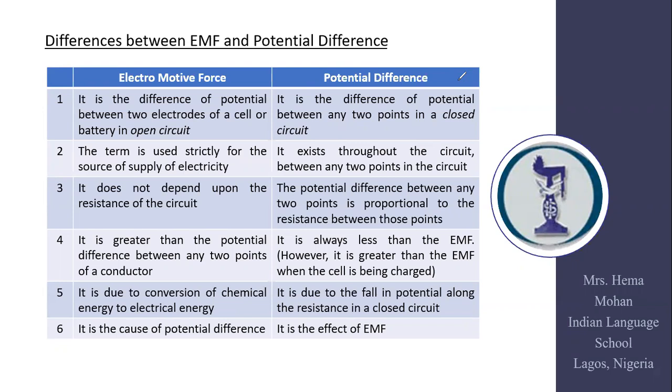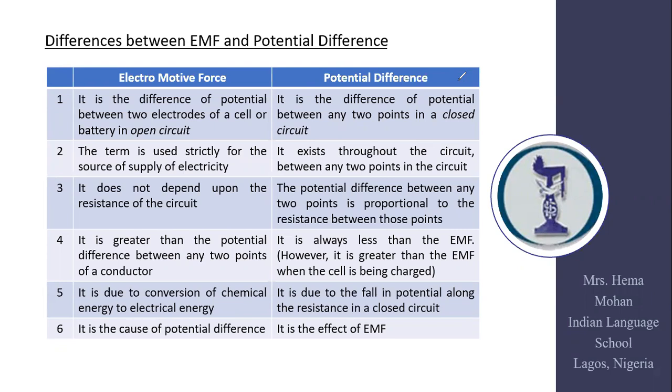EMF is independent of the internal resistance or the external resistance connected in the circuit, while potential difference, because V is equal to IR, is proportional to the resistance across the points where you are measuring it. EMF is maximum and the potential difference is always less, but when you are charging, the battery that charges will have a greater potential difference than the battery that gets charged. Of course, EMF becomes the cause and potential difference becomes the effect, because without EMF, there is no potential difference.